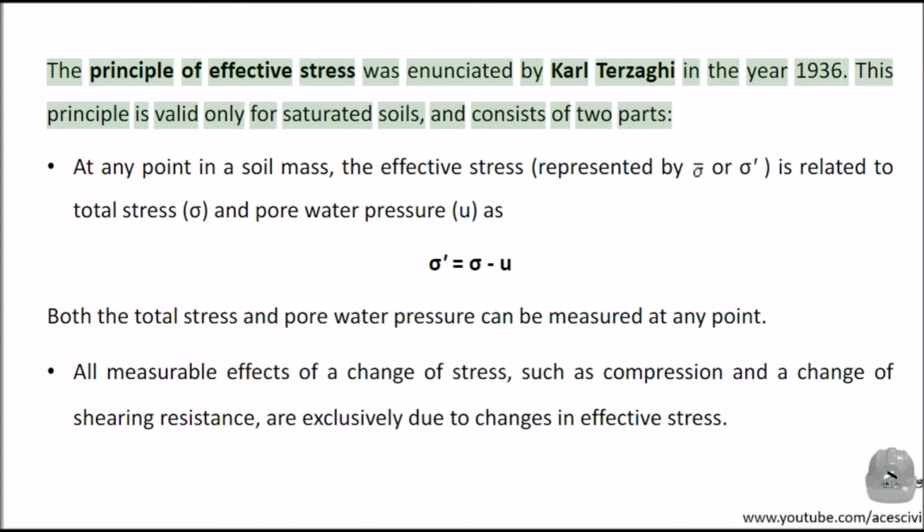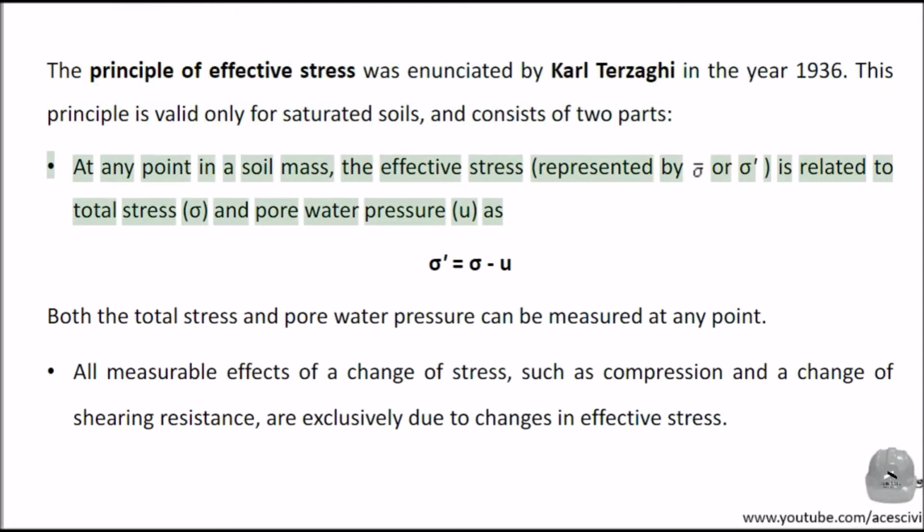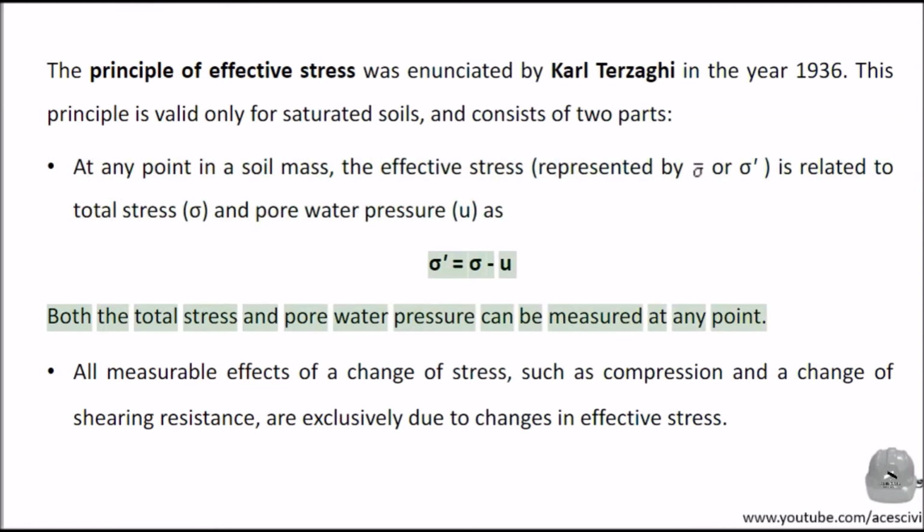The principle of effective stress was enunciated by Karl Terzaghi in the year 1936. This principle is valid only for saturated soils, and consists of two parts. At any point in a soil mass, the effective stress, represented by σ', is related to total stress, σ, and pore water pressure, u, as σ' equals σ minus u.